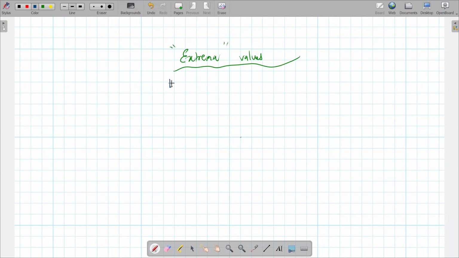It's either going to be the maximum or the minimum y value for a certain interval of x. So between the x values of a and b, for a certain function, what is the maximum or the minimum y value?